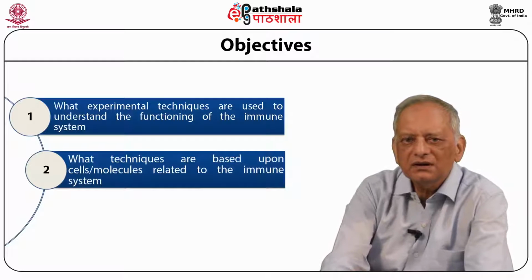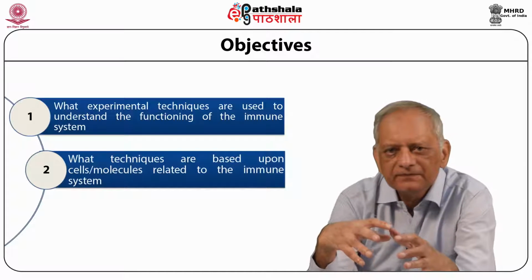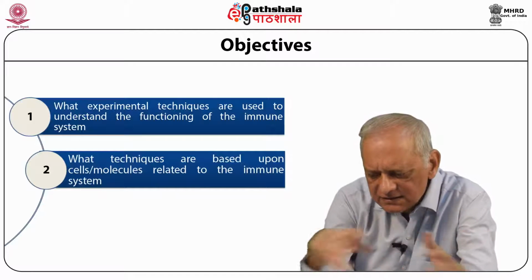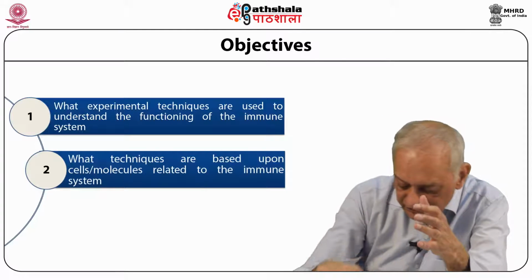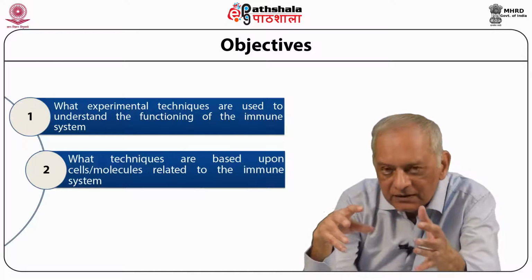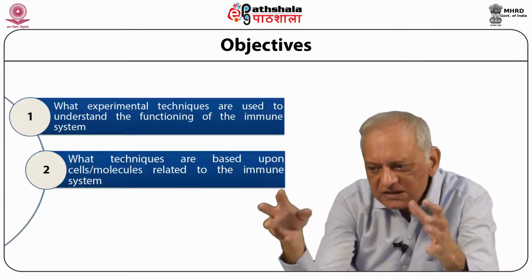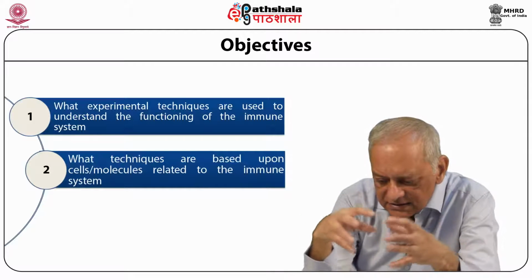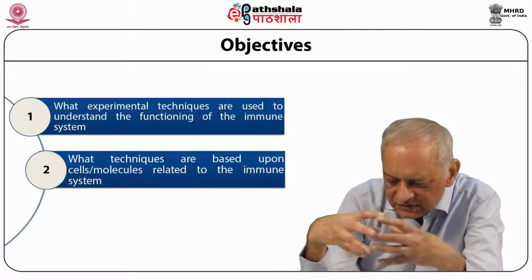So, interesting thing is that, as we will see in these set of modules which we call the immunological techniques, some techniques help us in understanding the functioning of the immune system.